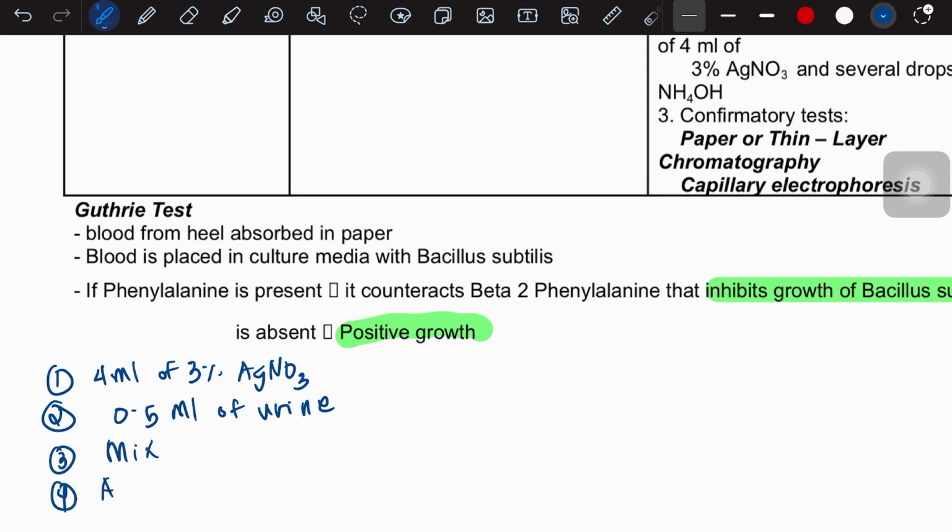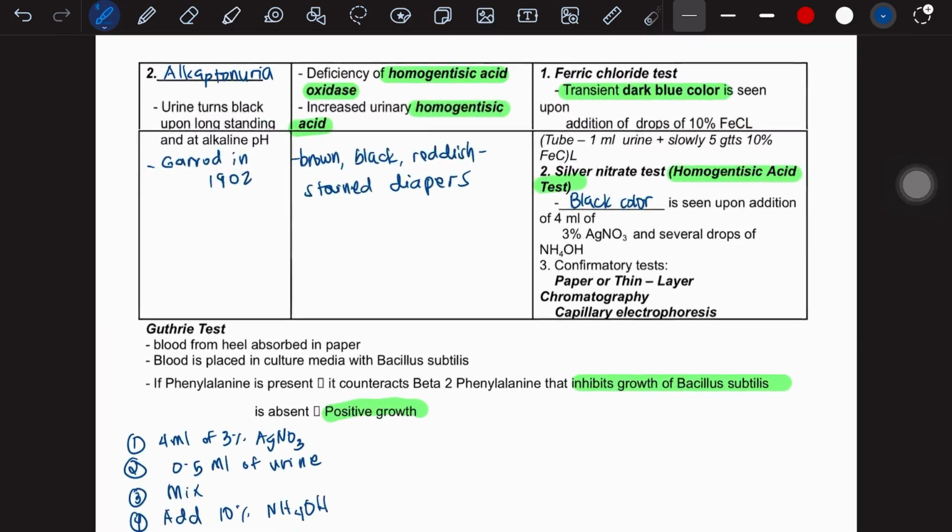Then, you add 10% ammonium hydroxide by drops. And the positive result is to observe for the characteristic black color. So for our confirmatory test, do not also forget that one, you have your paper or thin layer chromatography as well as our capillary electrophoresis.